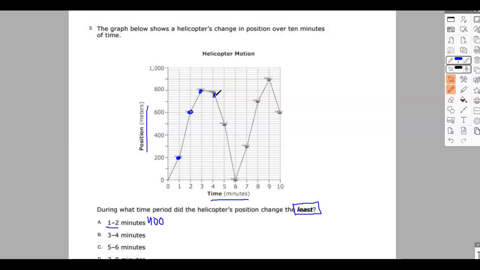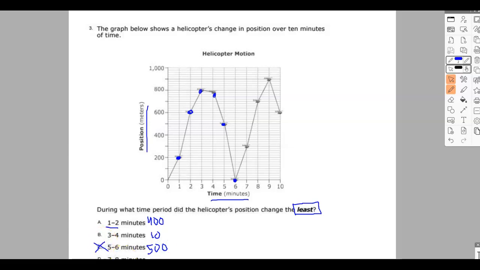That is like 800 to 790. So that's like 10. That's not a huge change at all. He maybe moved down a little bit. Let's look at 5 to 6. So from 5 to 6, he went from 500 to 0. So that's 500. We know it's not going to be C.